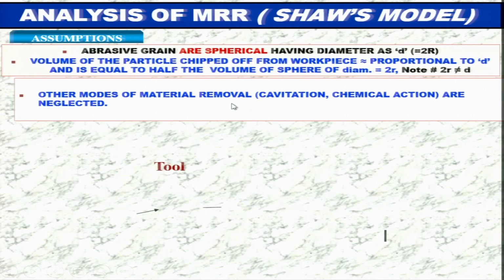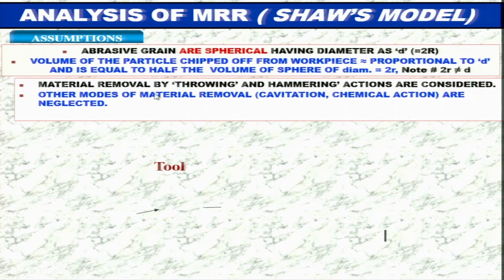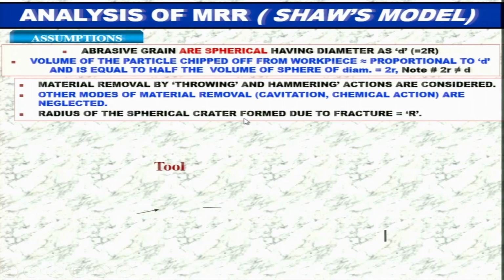Other modes of material removal are cavitation, chemical action. They are neglected or they are not being considered here. Material removal by throwing mechanism and hammering actions are considered in this particular case. I will show you. While you are hitting an abrasive particle, it will go and hit the workpiece surface, and because of kinetic energy it will remove the material.